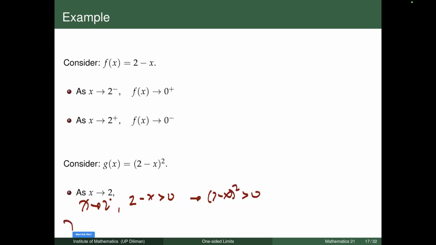If x is approaching 2 from the right, we said that this 2 minus x will be less than 0. However, the square will still be greater than 0. Kasi in-square mo yung negative, positive siya. So, in any case, your g of x will be approaching 0 only through positive values. Kasi magiging laging positive yung sign ng g of x natin. Okay, so g of x is approaching 0 only through positive values.